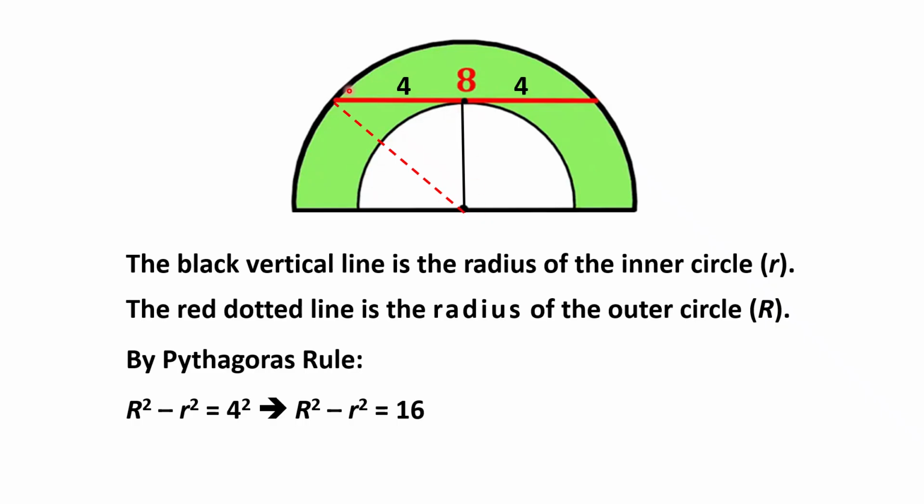In this right angle triangle, the hypotenuse square, capital R square, will be equal to the sum of the squares of the other two sides. So by Pythagoras theorem, capital R square minus small r square, that is the square of the red dotted line minus the square of the black vertical line, will be equal to the square of 4. 4 square is 16.